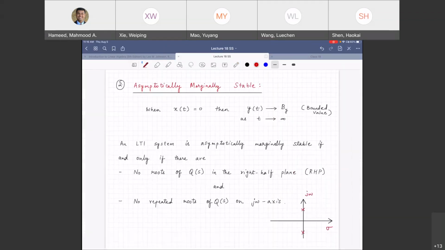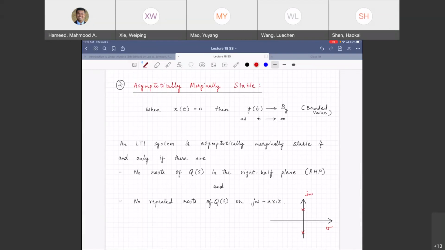You cannot have them on the right half. Go ahead. Left half, they are already stable. Yeah, so I wouldn't need to classify them as marginally, right? So if they are in the left half only, it is asymptotically stable. Left half and on the j omega axis, marginally stable.